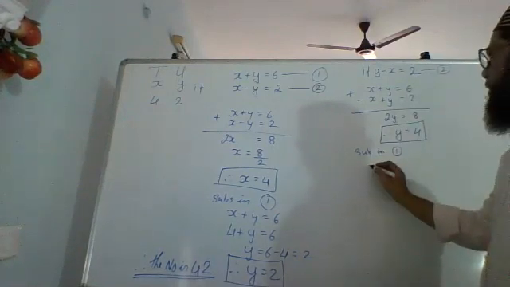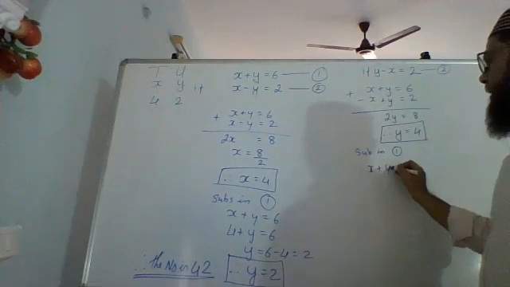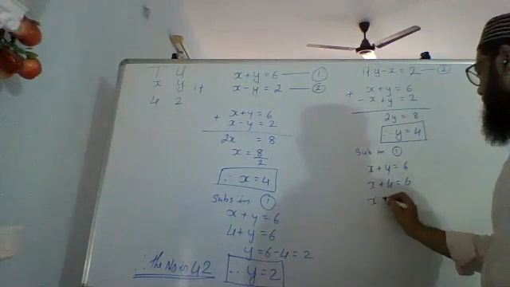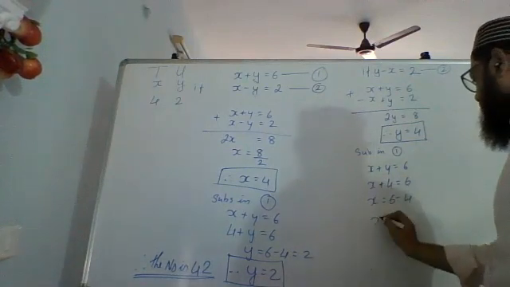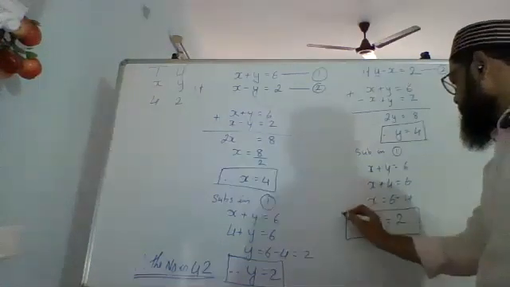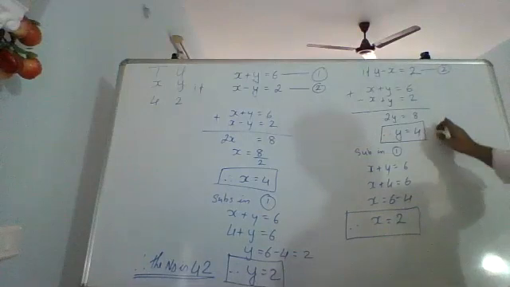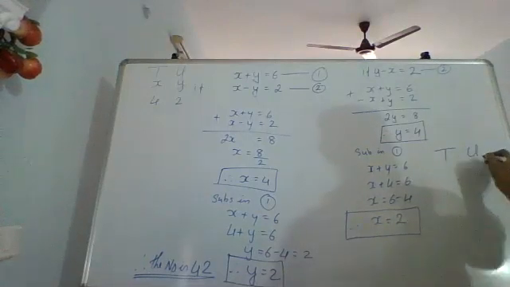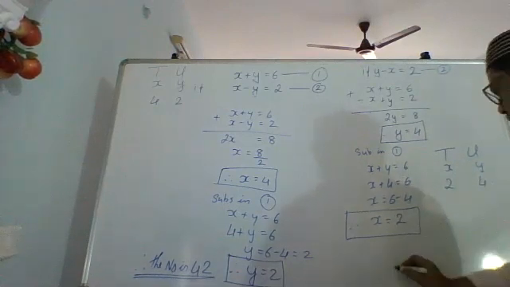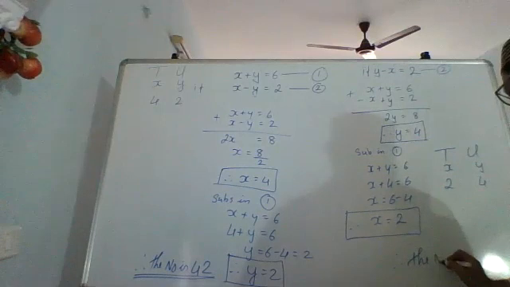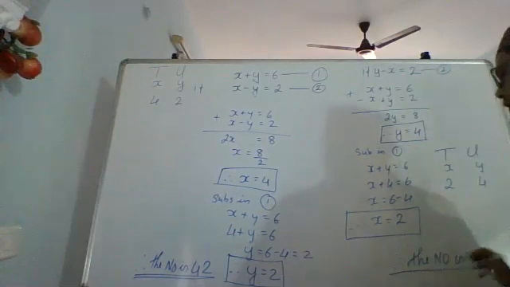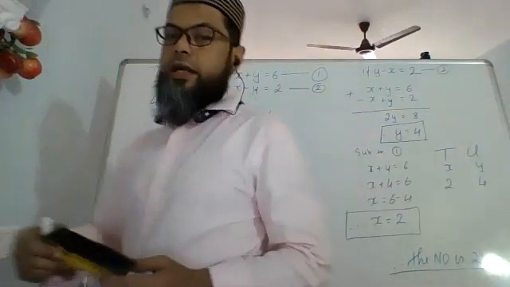Substitute in 1: x plus y equals 6, x plus 4 equals 6, x equals 6 minus 4, x equals 2. Tens and units, x and y, 2 and 4. Therefore, the number is 24.